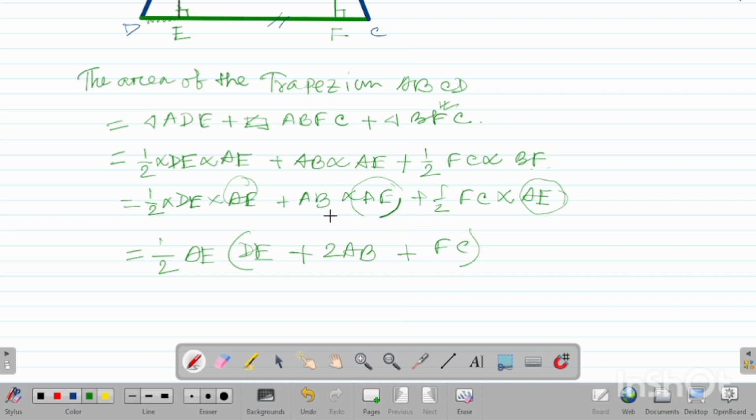Let's try to simplify how these terms form.